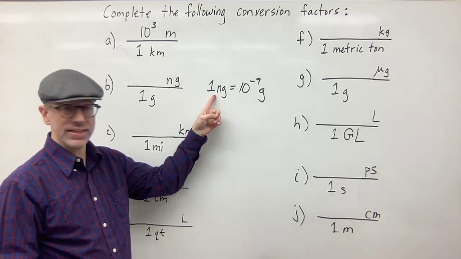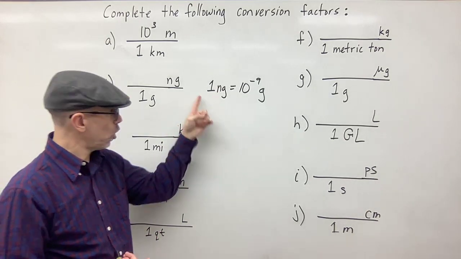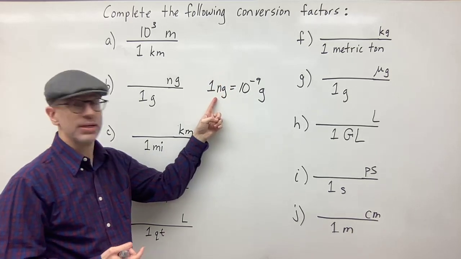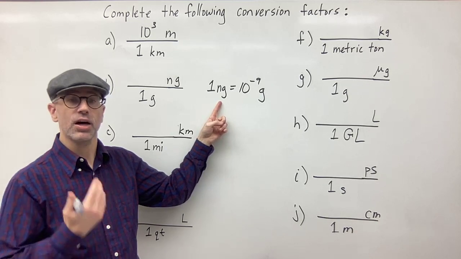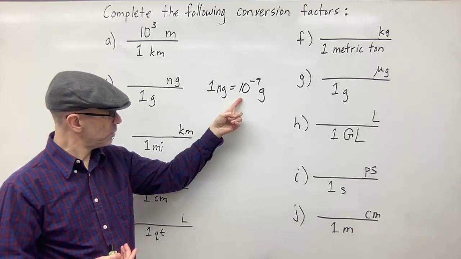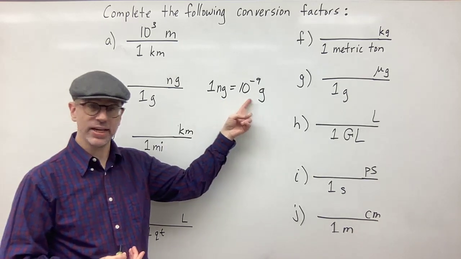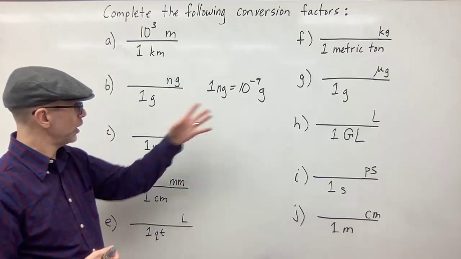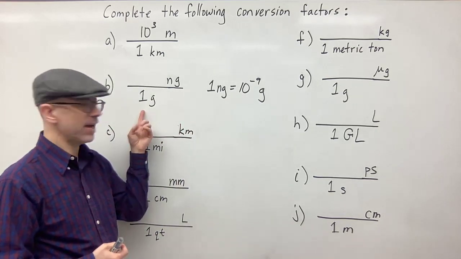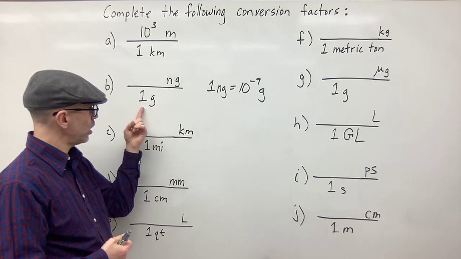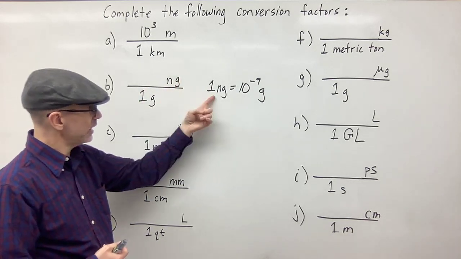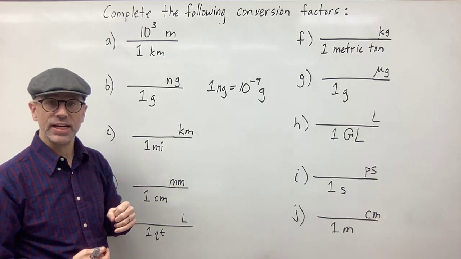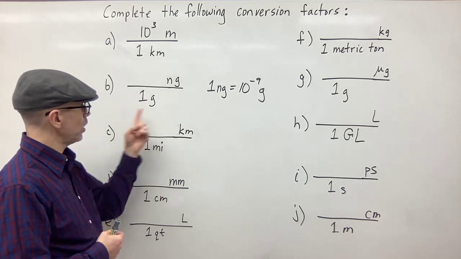Because nano means 10 to the negative 9. 1 nanogram is 10 to the negative 9, or 1 billionth of a gram. So 1 billionth of a gram, 10 to the negative 9 grams. But you'll notice here that they're not giving me 1 nanogram equal to 10 to the negative 9 grams. They're giving me 1 gram.